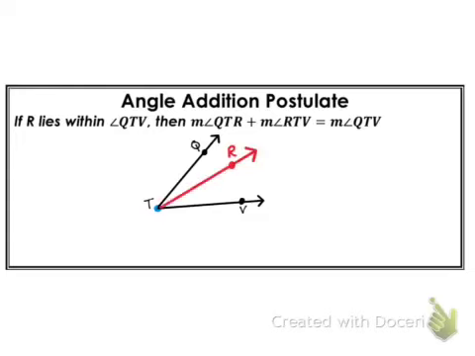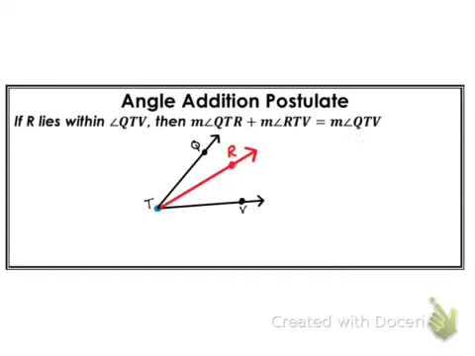Now we have two little angles that were formed because we have a point within angle QTV. So we have angle QTR and angle RTV. The angle addition postulate states that if you add angle QTR and angle RTV, that will equal the measurement of angle QTV.